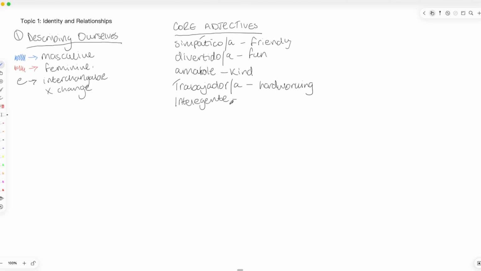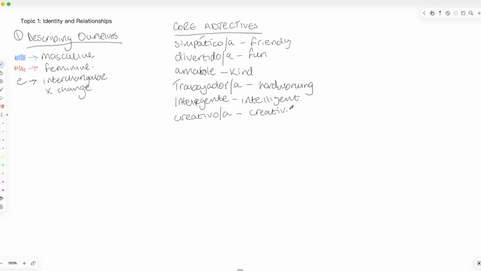Inteligente. That's a cognate. That is an I, not an E. Inteligente is intelligent. Creativo is obviously creative, or creativa for feminine.